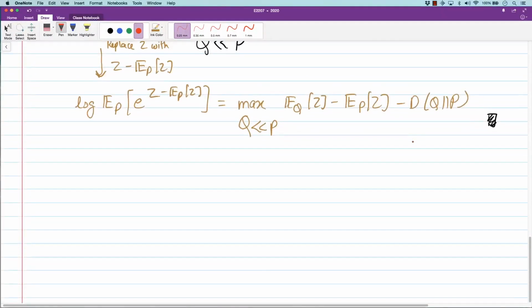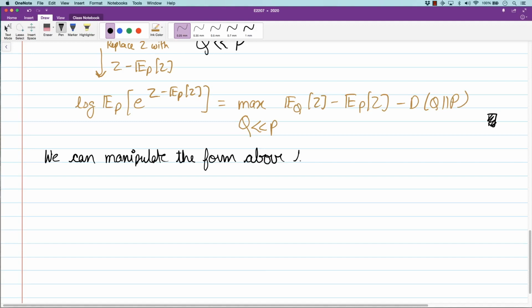So the formula we get is, we can manipulate the form above to get a variational formula for KL divergence.